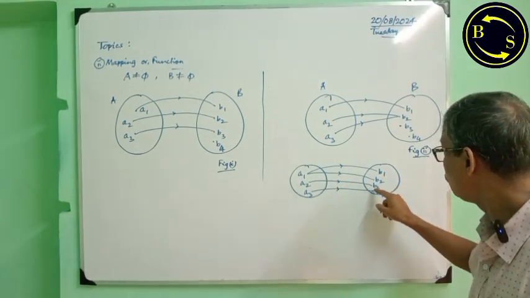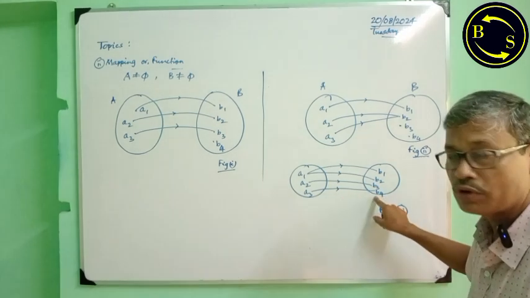A2 is associated to B3, A3 is associated to B4.